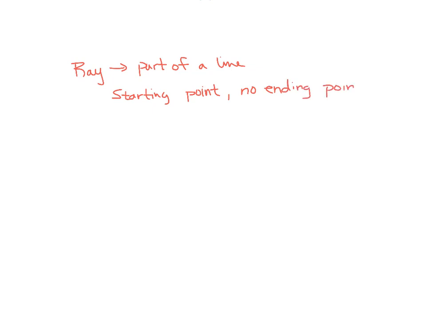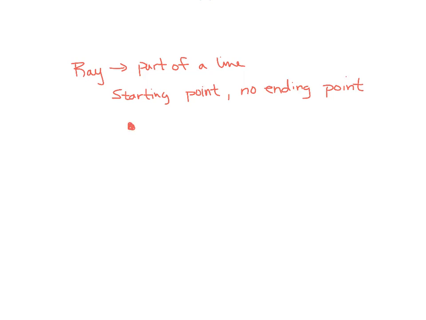Rays. A ray is part of a line. It has a starting point and it doesn't have an ending point. Starting point, no ending point. So it looks something like this.